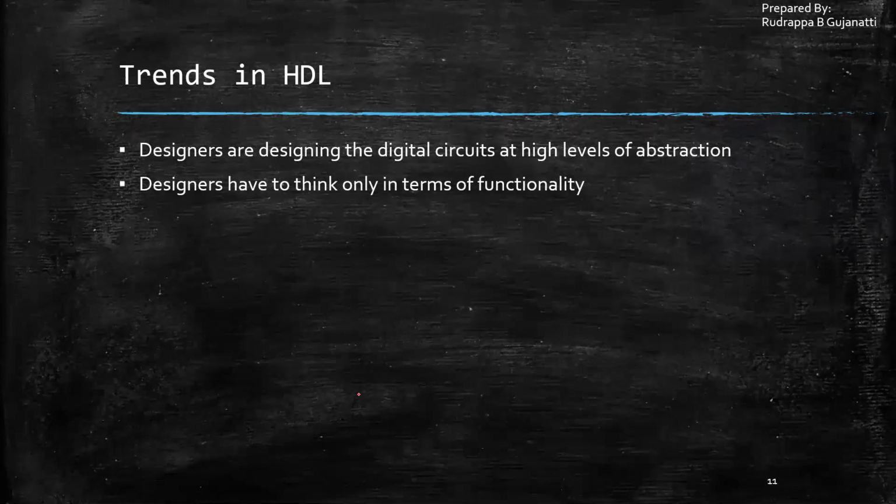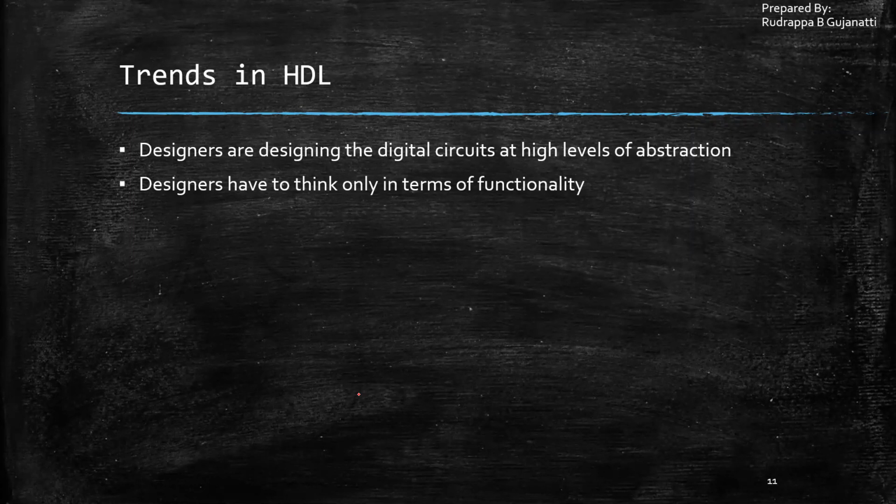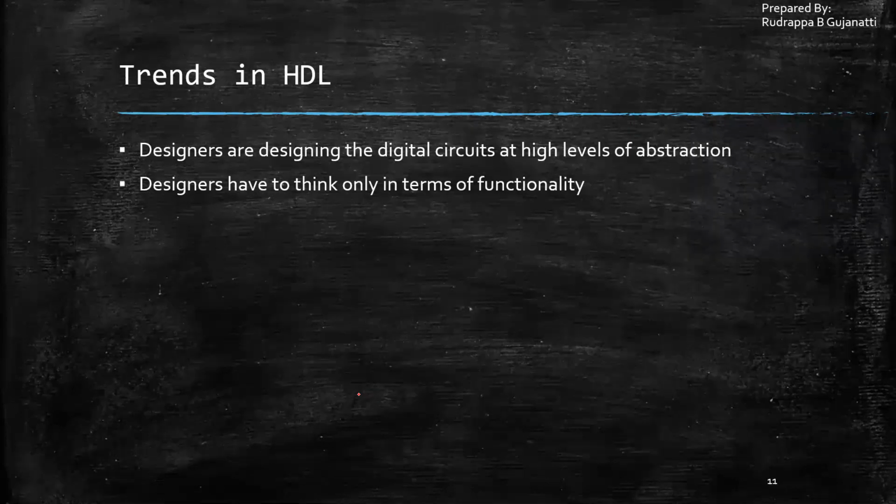How that functionality will be implemented is left to the developer, who can break it down into smaller chunks, making use of flip-flops, counters and other gates, say inverters, AND gates, OR gates. We just have to think from a functionality point of view and then implement it.